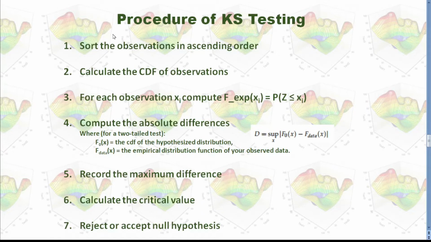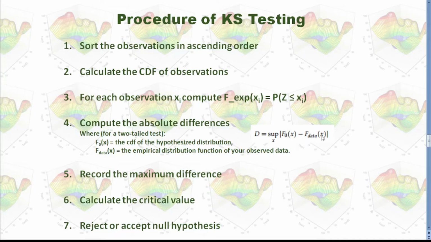When we perform KS test, first we'll sort the observation in ascending order. Then we will calculate the cumulative distribution function of observations. Then, for each observation, we will calculate the CDF for the left side, and then we will compute the absolute differences.